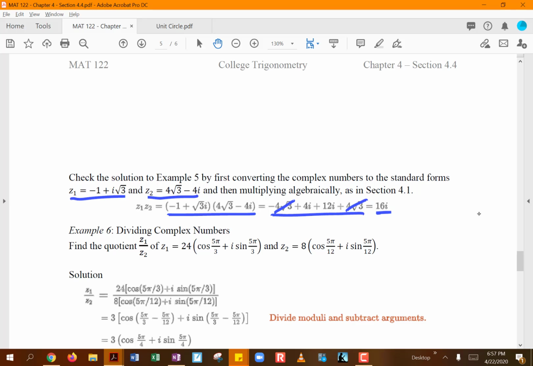So just another way if you want to check your solution.